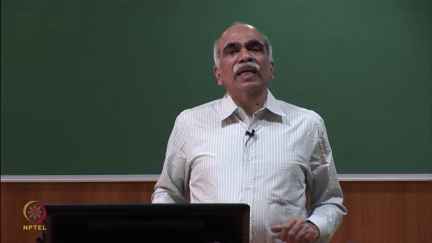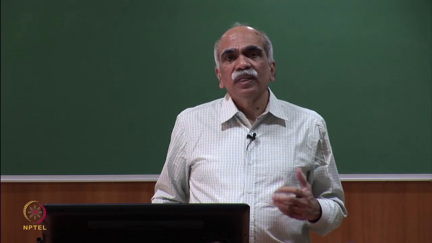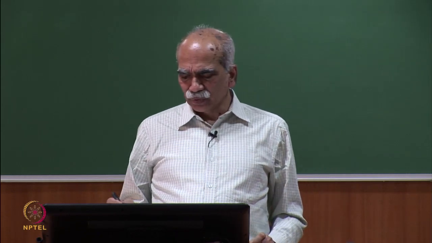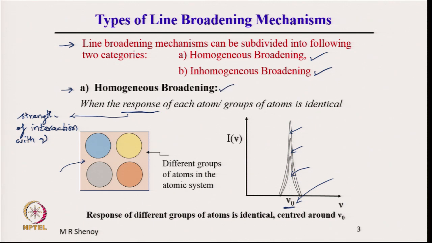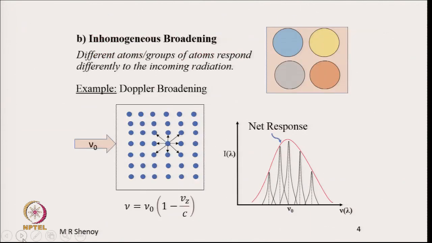Such broadening mechanisms are called homogeneous broadening. What are its characteristics? We will see shortly. So, the response of different groups of atoms is identical, centered around the frequency nu 0. Now, let us see inhomogeneous broadening.